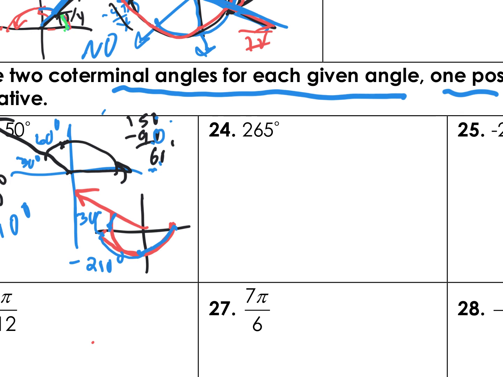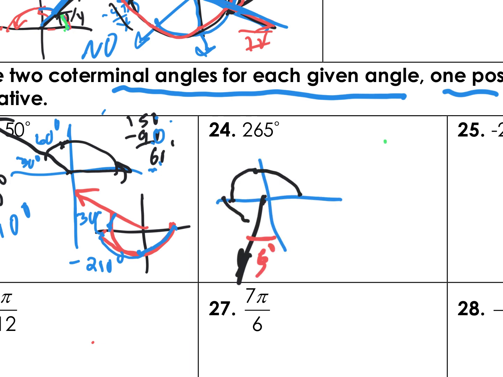So let's do the negative angle. Let's go the other way. I want to end up in the same exact quadrant number 3, so I want to end up right here. There's the side. The picture looks the same, but I'm not measuring it the same way. I'm measuring it negative.